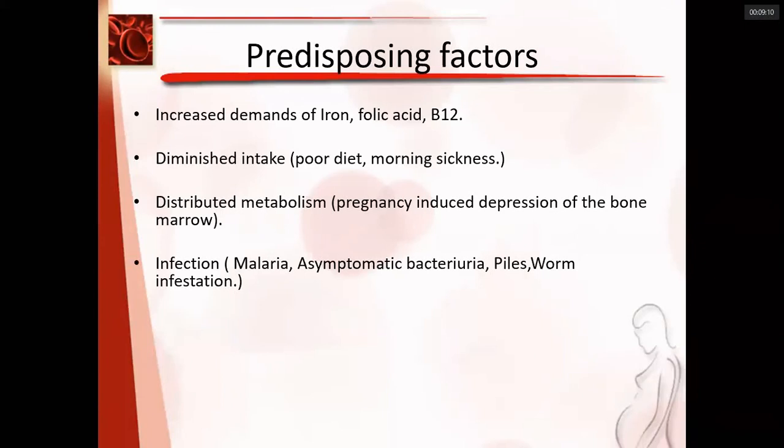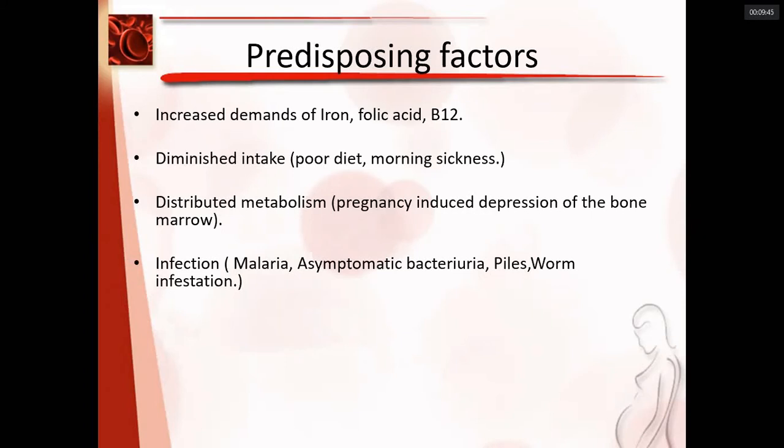Different chronic infections or chronic diseases may also lead to suppression of the reticuloendothelial system, like malaria, which is far more common in our part of the world, and even infections like asymptomatic bacteriuria. That is why we do routine screening at the first antenatal visit to exclude bacteriuria, as it is one of the predisposing factors of anemia, and also leads to other consequences for both the mother and the fetus.